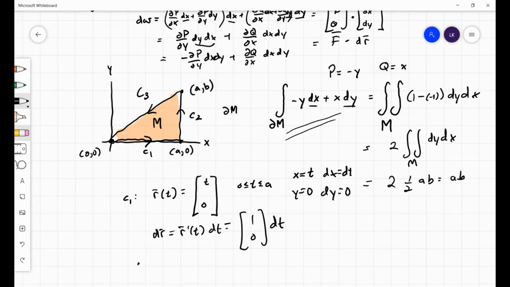And then you can easily do this integral over C1, where you'd have your parametrization in terms of t. Y is equal to 0, dx is dt, x is t, but dy is 0. So this integral will just give you 0.